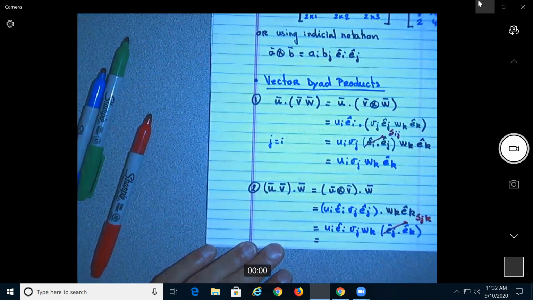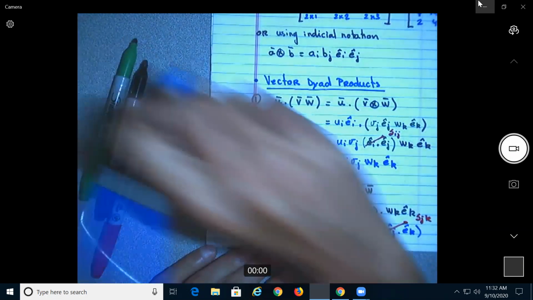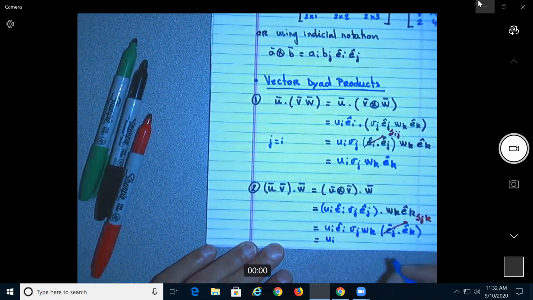So this one will give you what? U sub i, so k equals j, V of j, W of j, e of i.